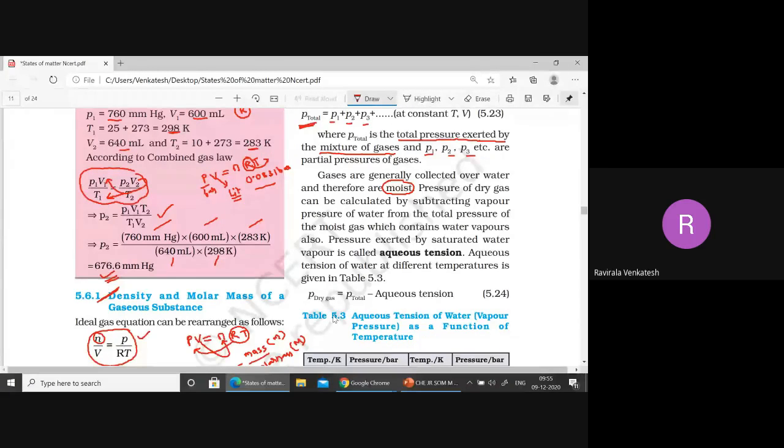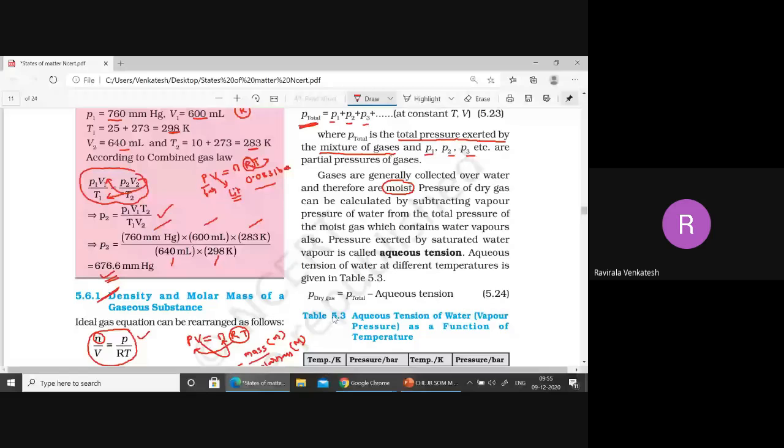So how do you calculate the pressure of the dry gas? The total pressure you are getting minus the aqueous tension. This P total also includes some pressure of the water. That is what you call aqueous tension. What is aqueous tension? The pressure exerted by saturated water.